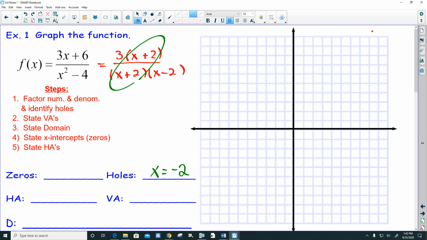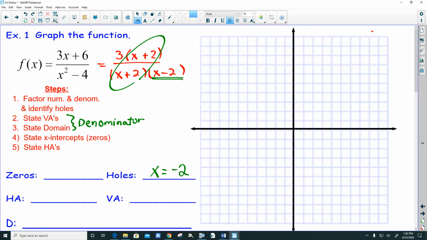Okay, the next thing that we should do then, after we've identified holes, is we should go ahead and say what our vertical asymptotes are. Remember, both vertical asymptotes and the domain come from any factors in the denominator that have variables in them. So I want to make sure, though, that I'm not counting the factor that I used up as a whole. So I'm only looking at the x minus 2 factor.